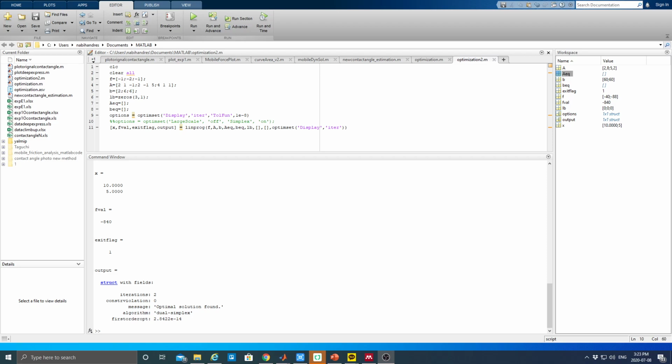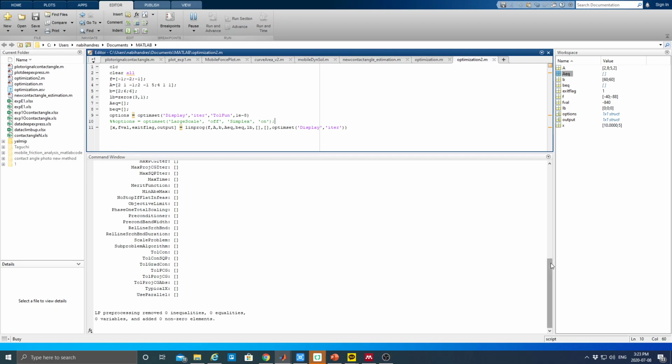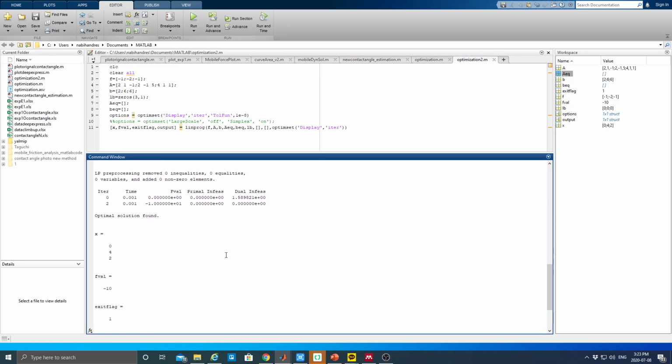Okay, now in MATLAB we create the function, the A matrix, and the b vector. We run it, and we get our result. It means x1 will be 0, x2 will be 4, and x3 will be 2. And the value of the final optimization is going to be 10.